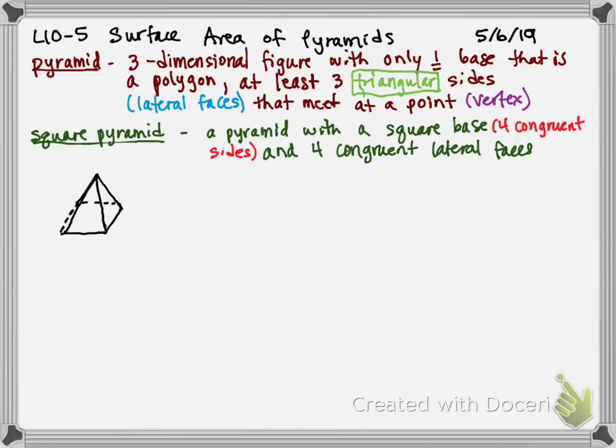Sorry about that, gang. So again, here is our vertex. It's a point right there where they all meet. That's the vertex. We've got our base, which is at the bottom. That's our square base.